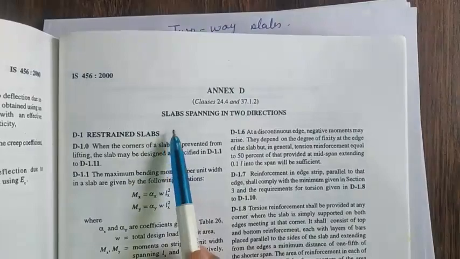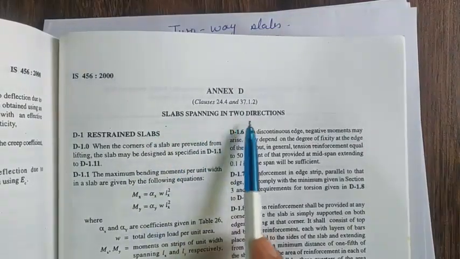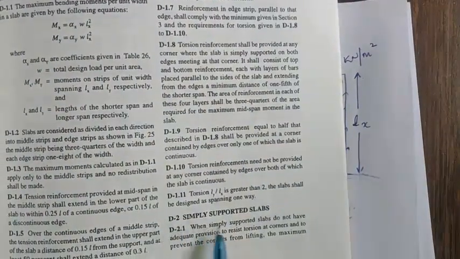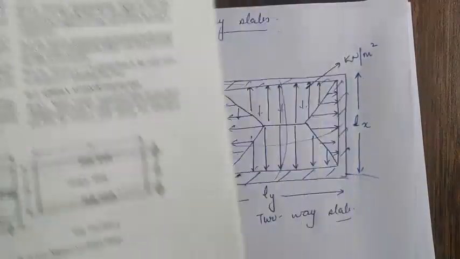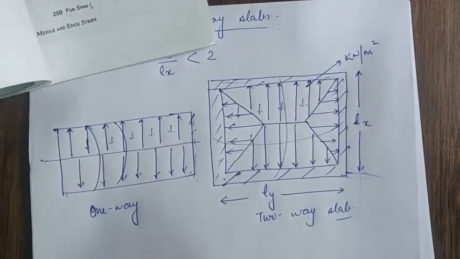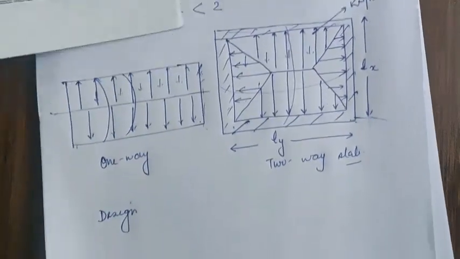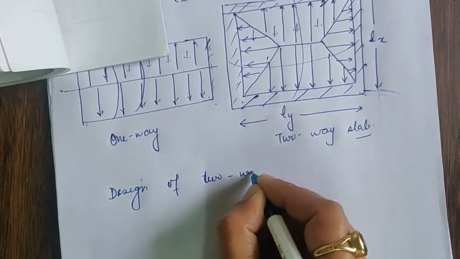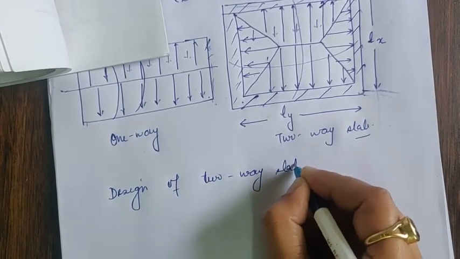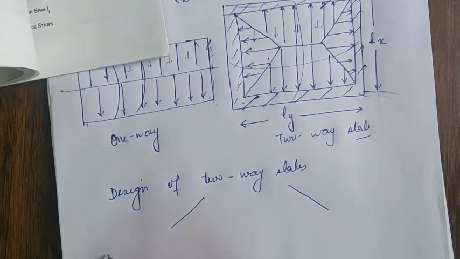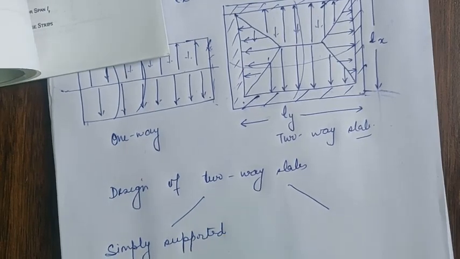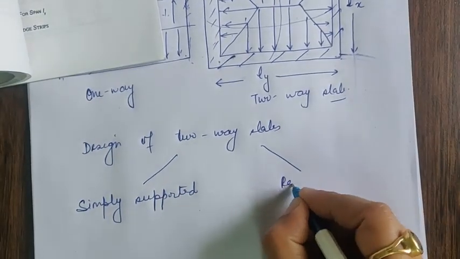It says that the two-way slabs spanning in two directions can be taken as restrained slabs, and D2 is simply supported slabs. So the design of two-way slabs is divided into two categories. One is simply supported and second is restrained.